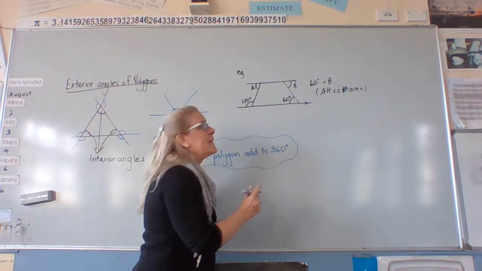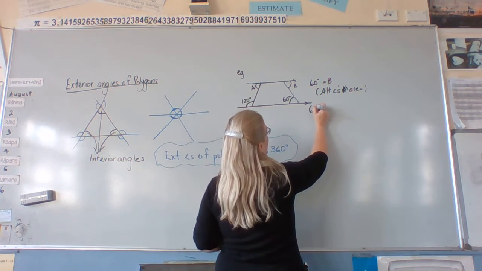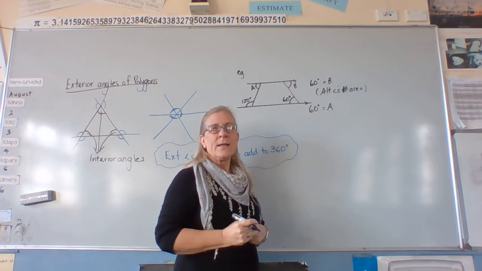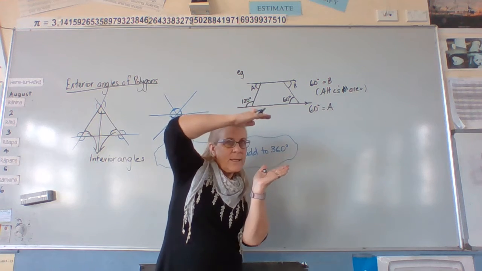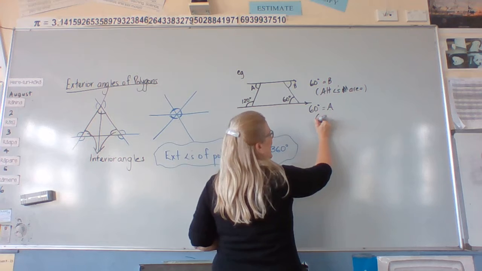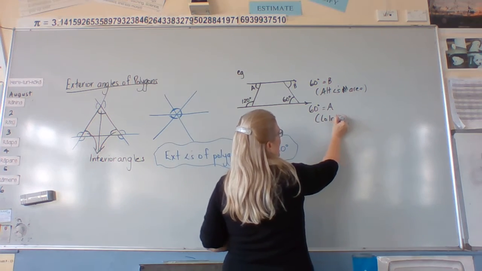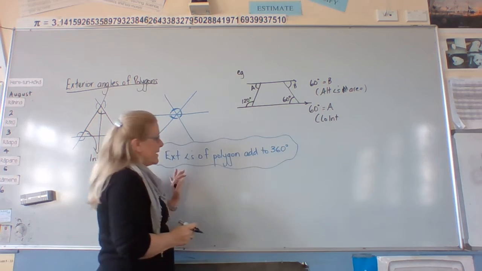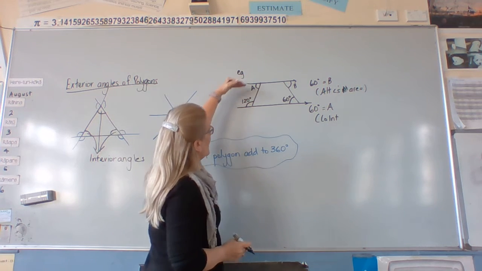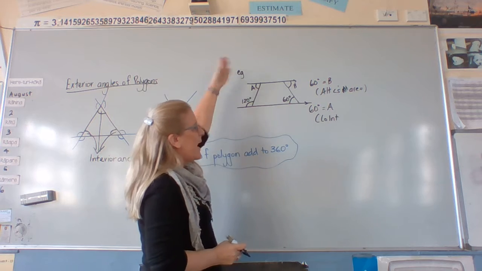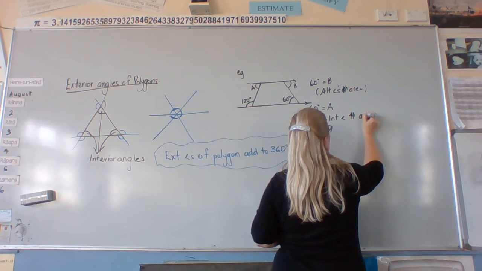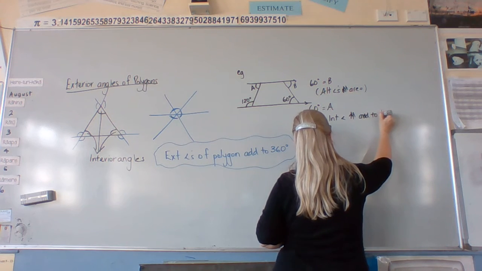Christina? 60, do you know the reason? Not quite. They're co-interior. All right, now that's quite different from interior angles of a polygon. These are co-interior angles on parallel lines. They're inside the parallel lines together, or they're outside the parallel lines together. Angles of parallel lines add to 180.